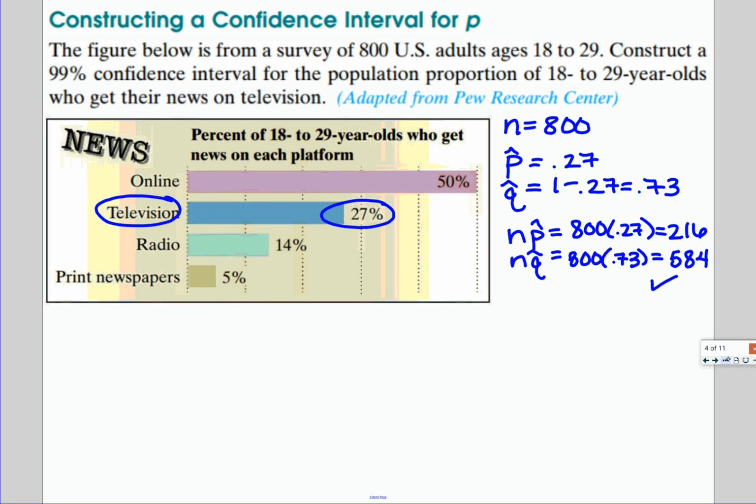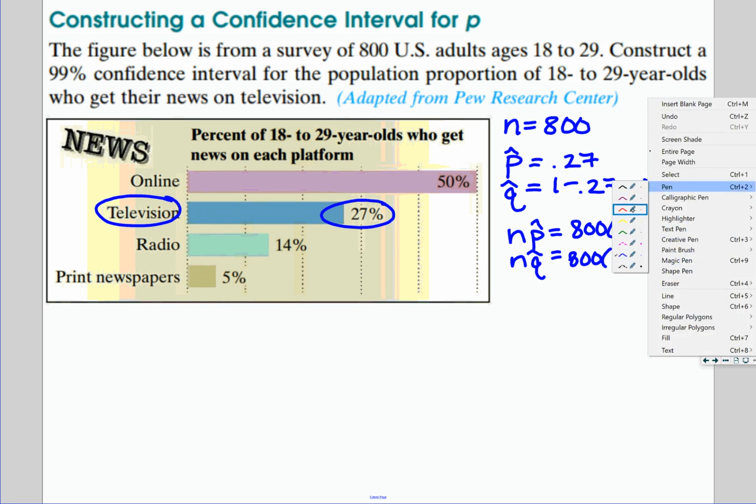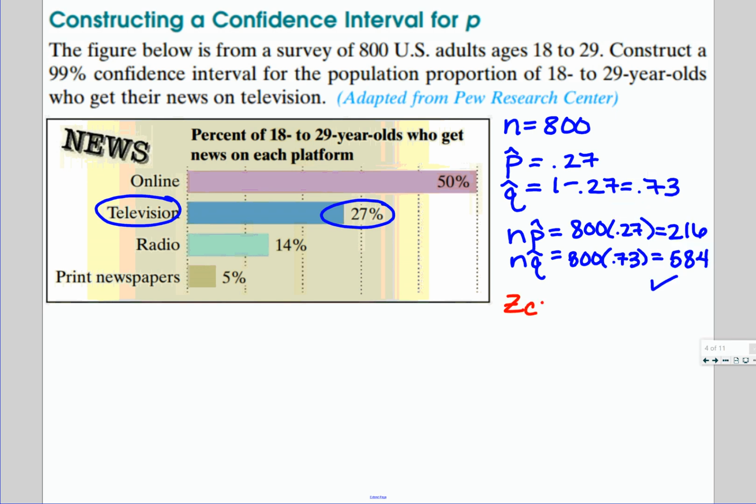All right, calculate the margin of error, and we're going to need a z-score to do that. So on your chart, mine's pink, remember, we have critical values at the bottom. Yours, I think, was at the top of your paper. Critical values is what we're looking for. It says level of confidence. So the level of confidence here is 99%.